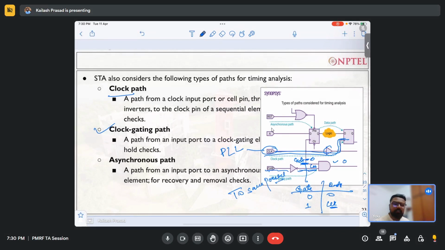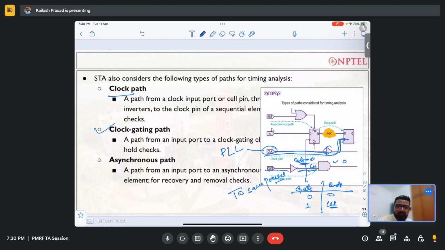I have discussed with you multiple times that the major source of power consumption is dynamic power. When does dynamic power consumption occur? Whenever there is a change in the inputs or outputs, which happens at the clock edge. If the clock is running, it will still consume power, so you turn off the clock if you don't want that circuit to be active.